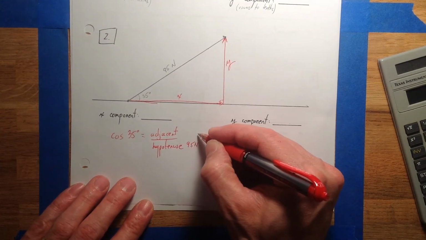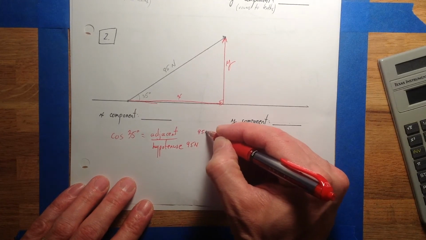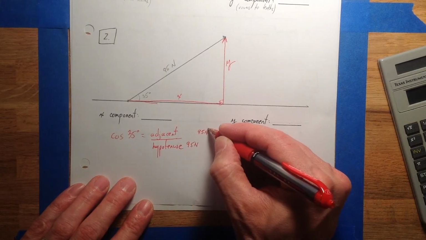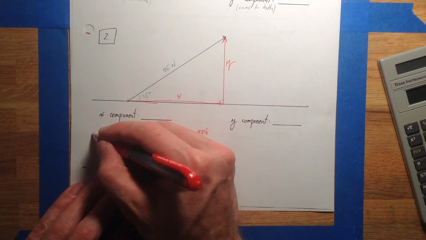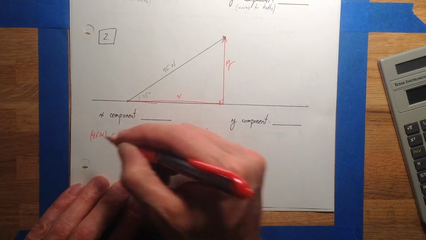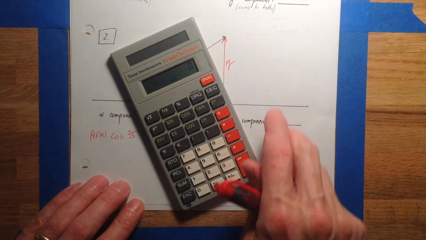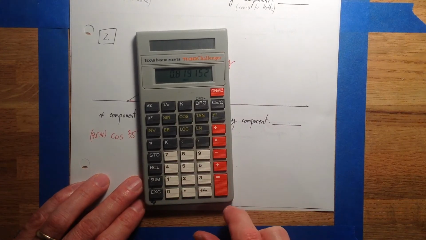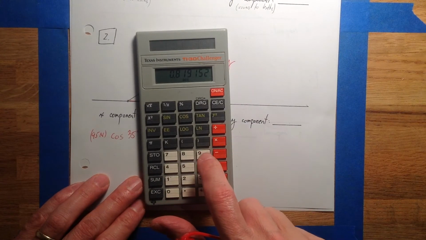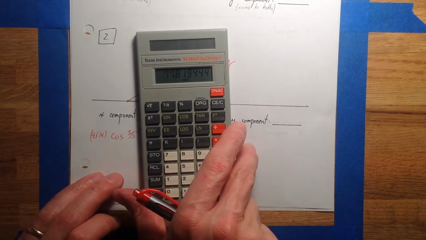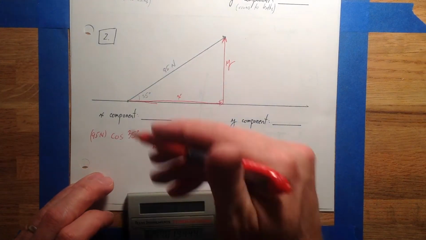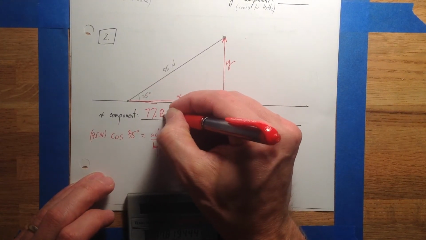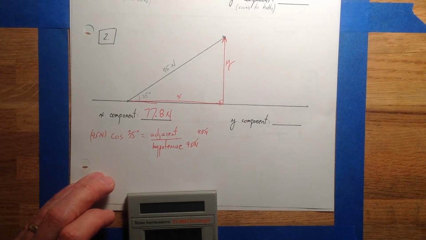So multiply this side, because it's on the bottom of this, by 95. Well, you do one side, you do the other. 95 newtons here, and then cosine of 35. 35 cosine times 95 newtons is 77.8. 77.8 newtons.